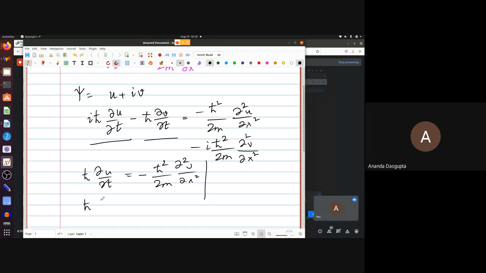And h cross del v del t, which is the real part with the minus sign, is minus h cross square by twice m del 2 u del x2. So you can see that neither the real part nor the imaginary part actually obeys Schrodinger's equation. They obey a kind of coupled differential equation where u's equation has v in it and v's equation has u in it.